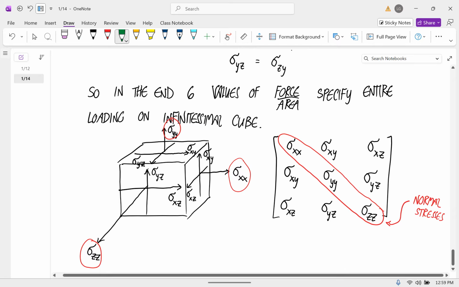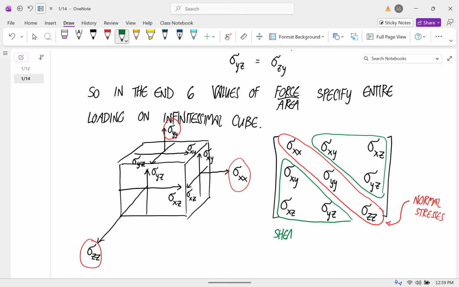And then the other ones are called shear stresses. And those are the ones that are parallel to the faces that they're acting on.